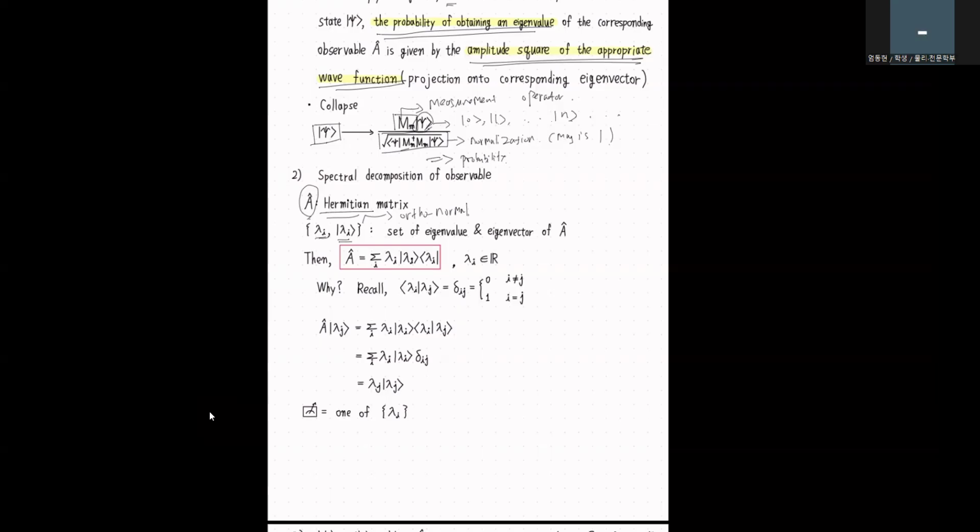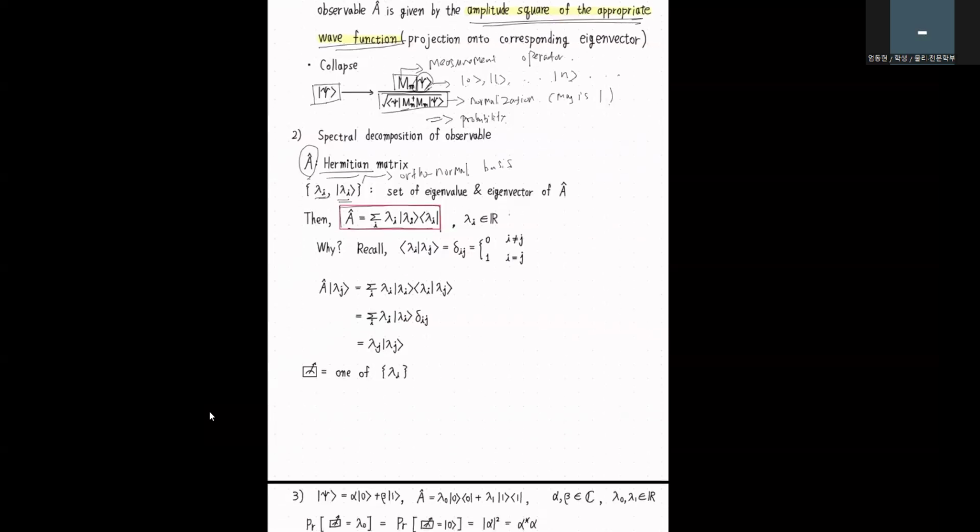So, since they also form a basis, every single vector in Hilbert space can be written as a linear combination of the eigenvectors, which means that if we use the eigenvector basis, we can write our Hermitian operator like this, basically as a diagonal matrix.